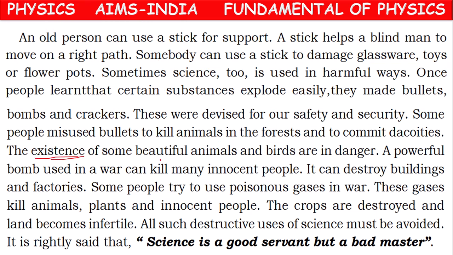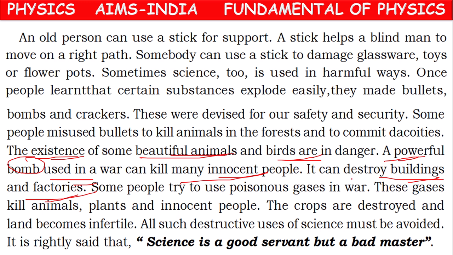The existence of some beautiful animals and birds is in danger, because we are killing the animals with bullets and arrows. A powerful bomb used in a war can kill many innocent people. It can destroy buildings, factories.